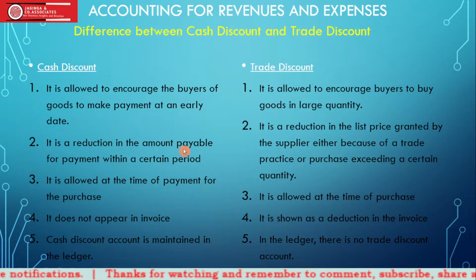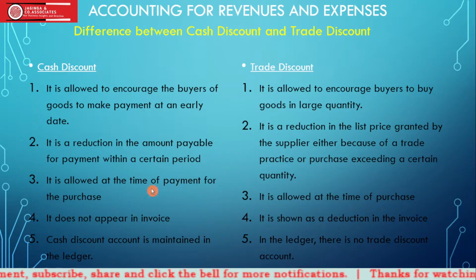So if the customer was supposed to pay 100,000, and then we tell the customer now you'll be paying us 95,000 when you pay within 15 days of purchase, we'll have reduced the amount payable by the customer.